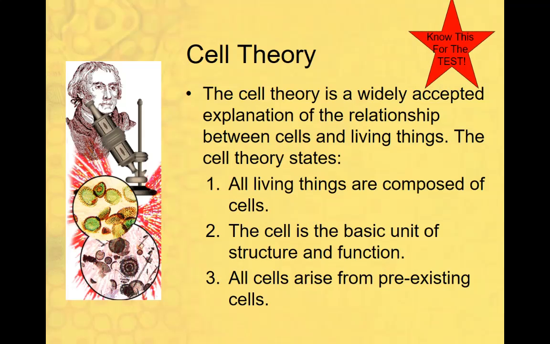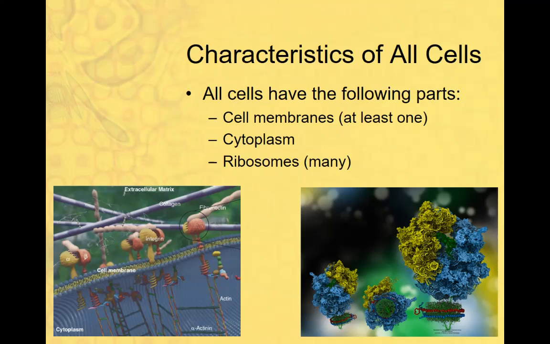Okay, so we have a cell. What do we know about cells? Well, that's what we're going to focus on in this unit. But we want to understand that there are some basic things that are found in all cells. All cells have the following parts. One, the cell membrane, at least one of them, that separates the cell itself from the external environment.